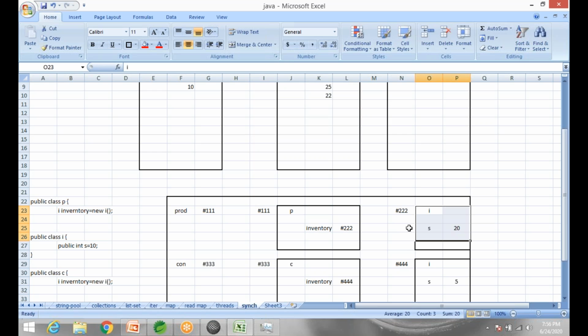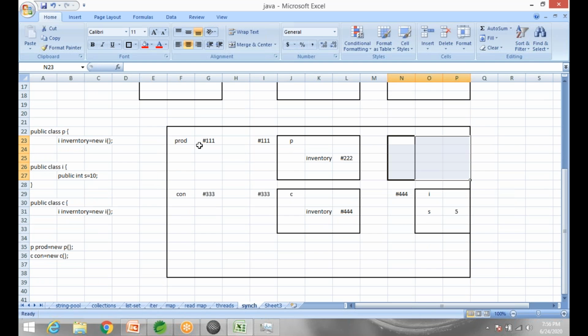They both have to point to the same location, either 444 or 222. When producer adds anything, it should reflect in the same place where consumer is connected as well. If there is one object in the memory between the producer and consumer, then it is sharing properly. Whatever changes you do through consumer or producer, it reflects to both of them.